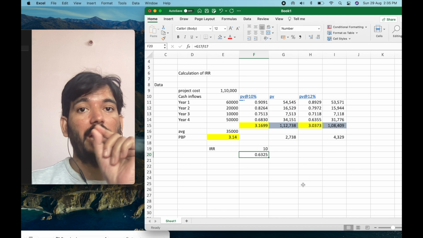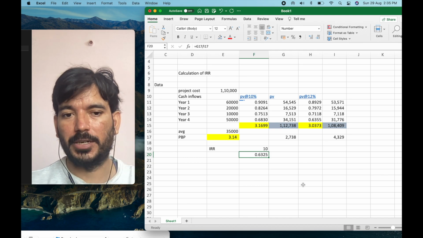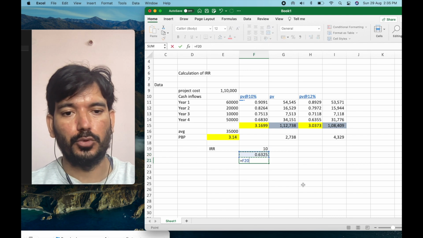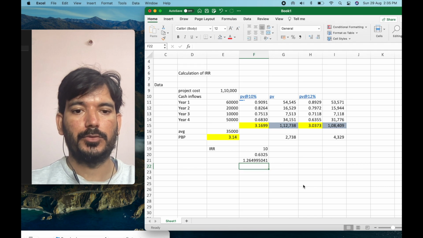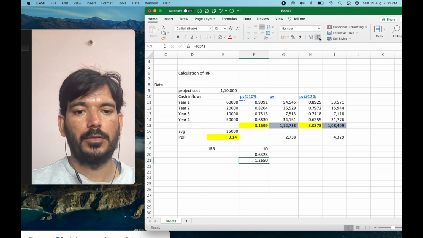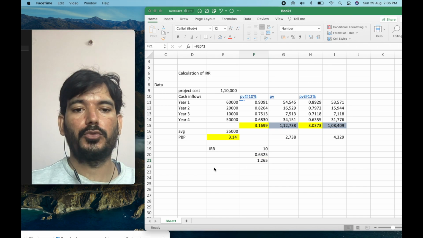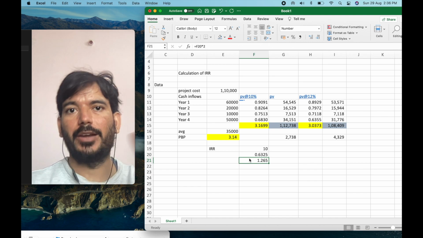So this is 0.6329, but we have changed it from 10% to 12%, so there is an increase of 2%. So we need to multiply this with 2. 1.264 is the variation between what we wanted and what we achieved.